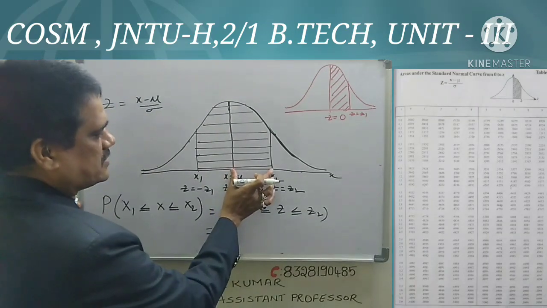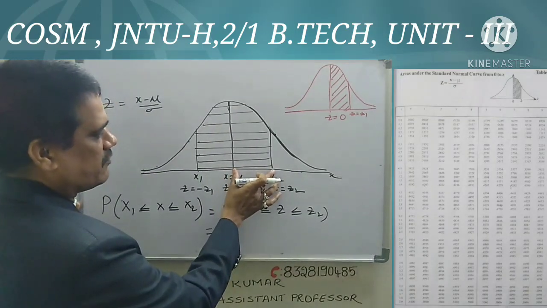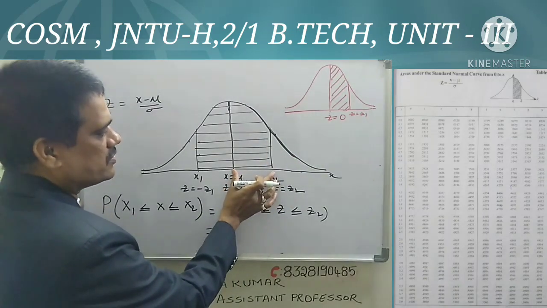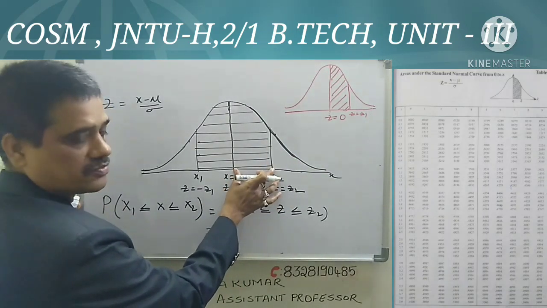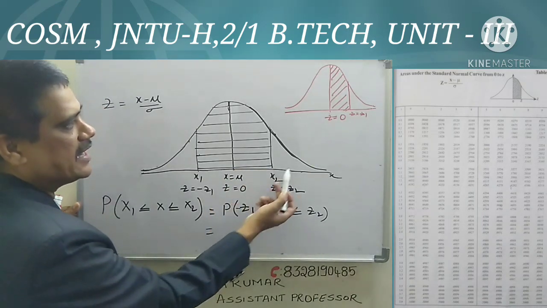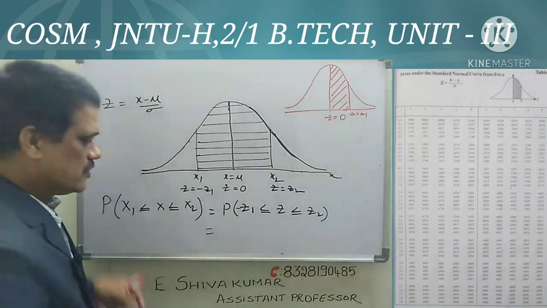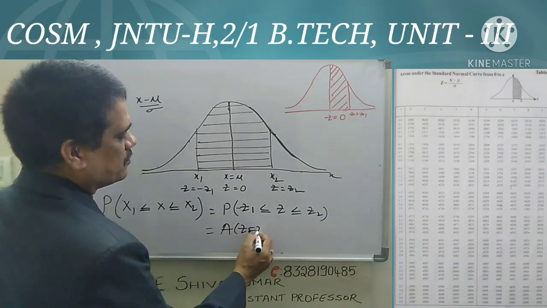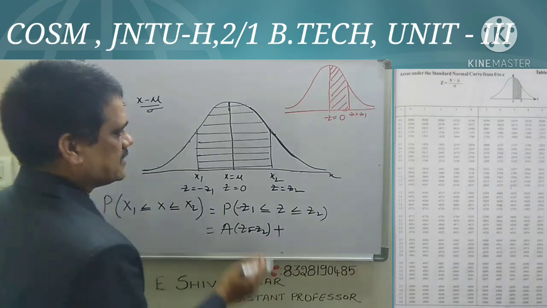Now we know how to calculate the areas from here to here. From the table you can directly get the values from z equals 0 to z equals z2. So that means the area is A of z2 plus this area.